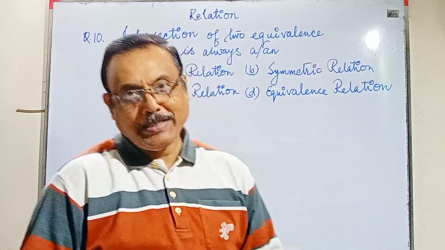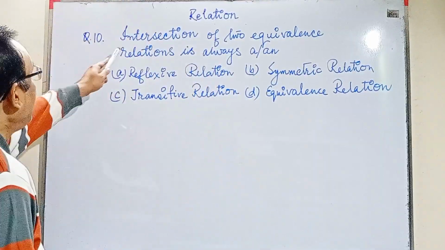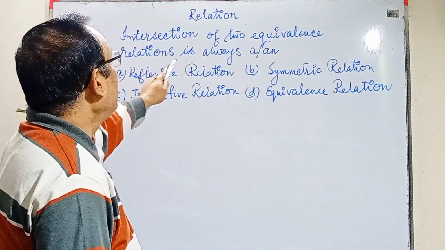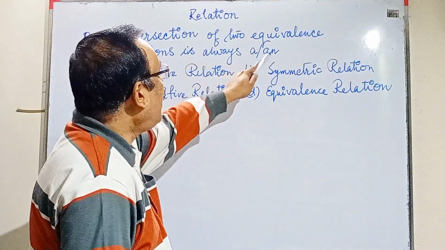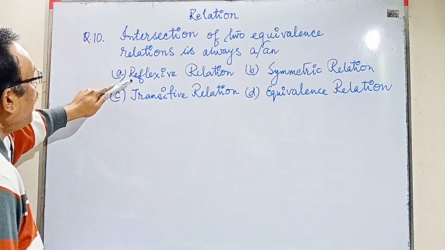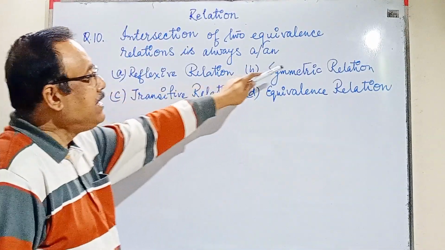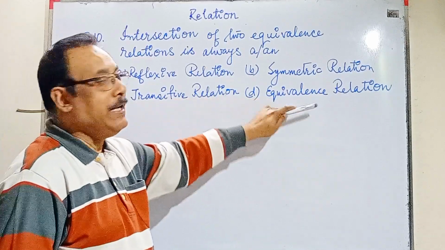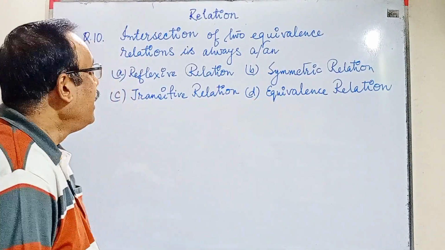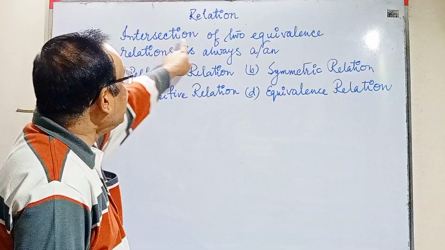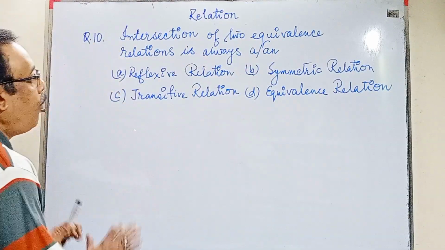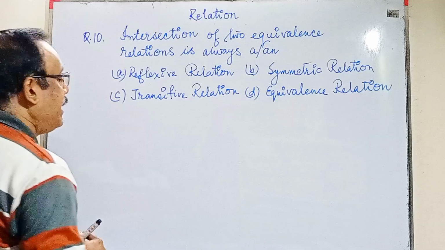So next question, question number 10. The intersection of two equivalence relations is always a reflexive relation, symmetric relation, transitive relation, or equivalence relation. Fourth choice. You have to find out what the intersection of two equivalence relations is. What exactly does the question mean?